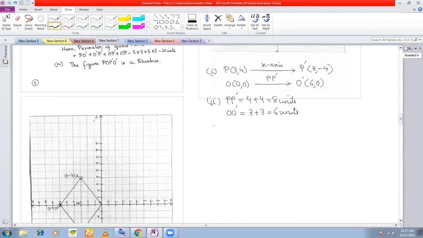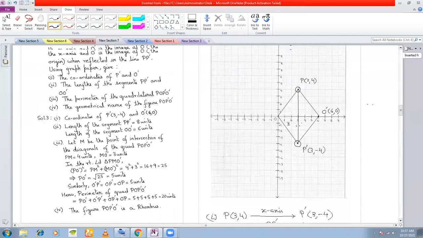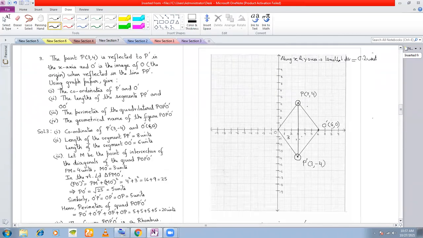They have not asked, but still we'll write the quadrilateral P O P dash O dash is a rhombus. We need to find the perimeter of this rhombus. That means any one side, if I can find and multiply it by 4, because all the sides of a rhombus are equal, we'll get the perimeter.